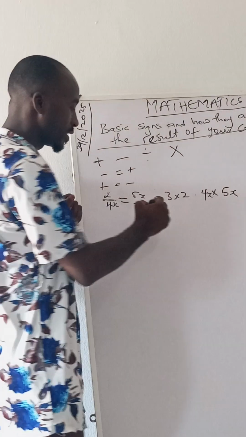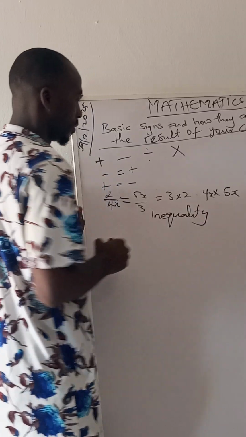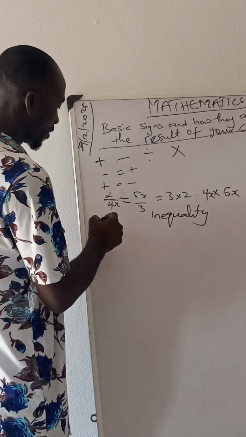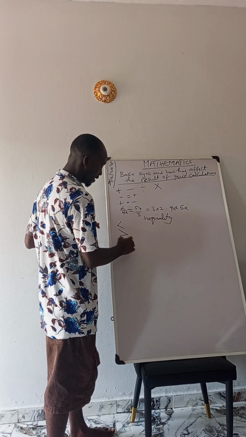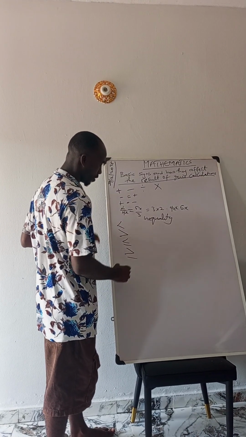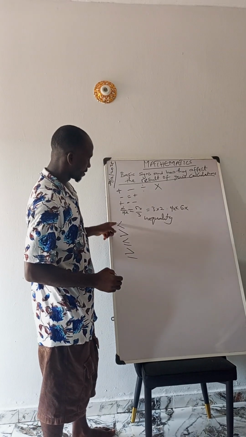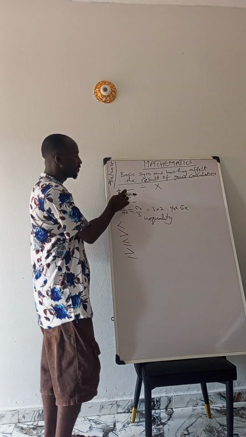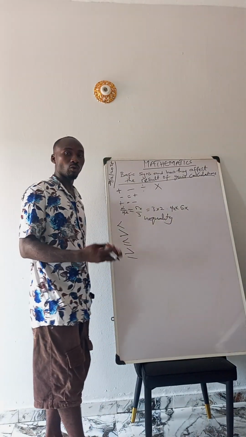Now, in inequality, we have greater than, we have less than sign, less than or equal to, greater than or equal to. All of these signs will be affected. Now, greater than sign only appears in inequalities.